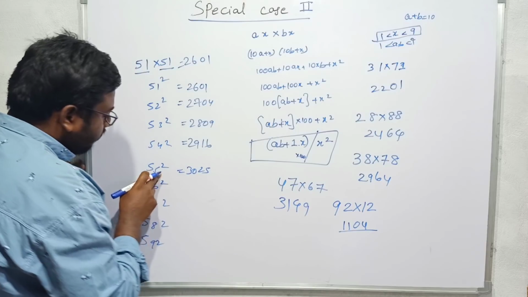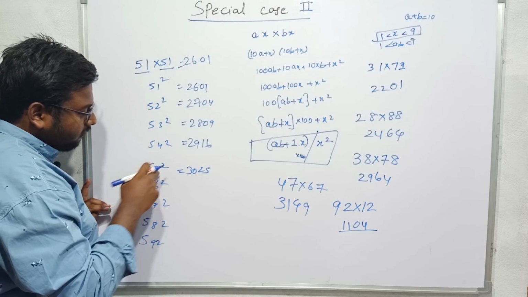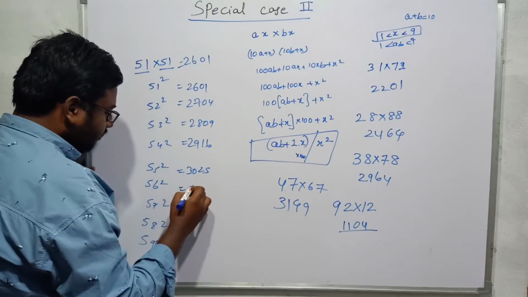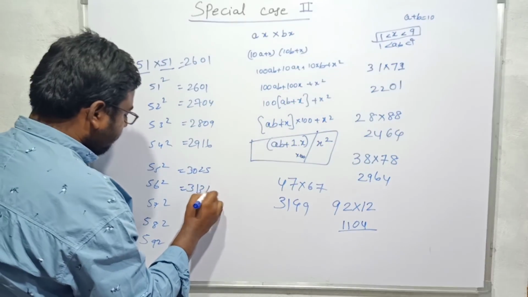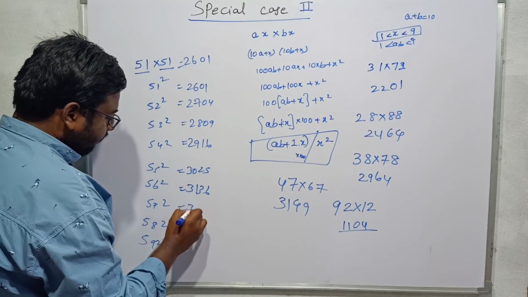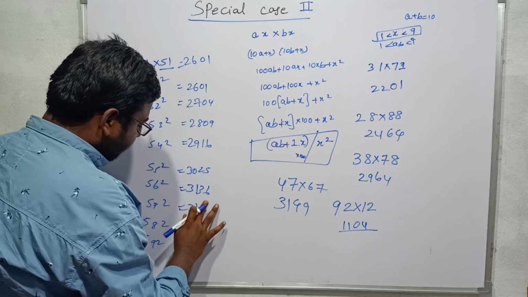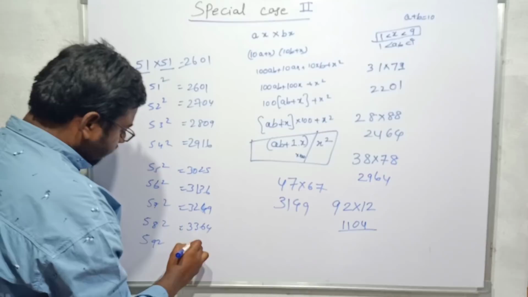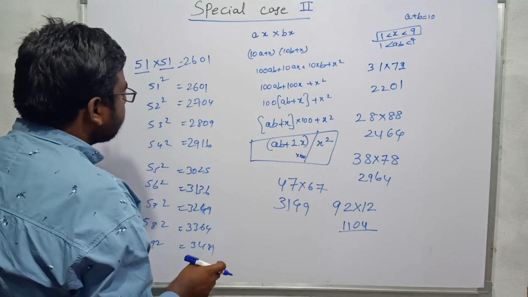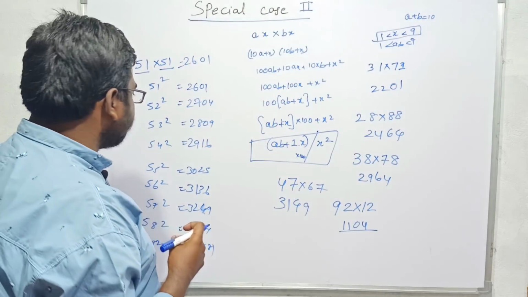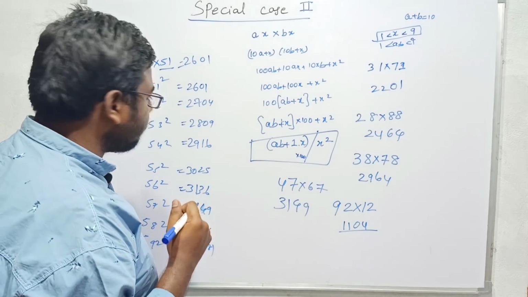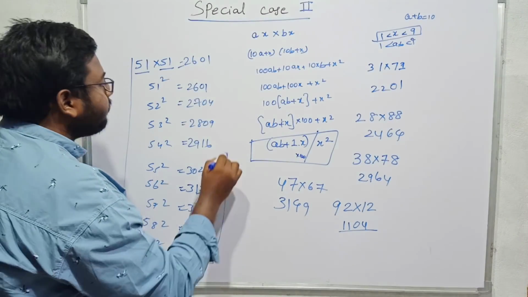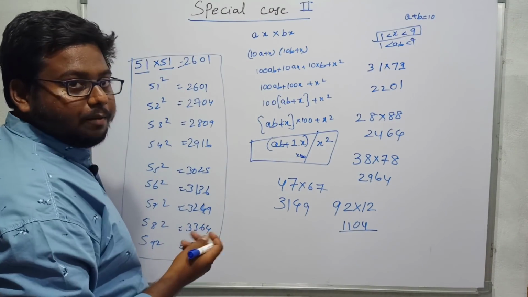You can calculate like this also from the last one. For 55 square, 25; 5 into 6 is 30. 56 square is 3136. This is 25 plus 7, 3249. This is 3364, and this is 3481. This is how we will calculate the square of a number starting with 5, and it is strictly a 2 digit number. So we have to remember these values so that it will be more useful for us in the upcoming concepts.